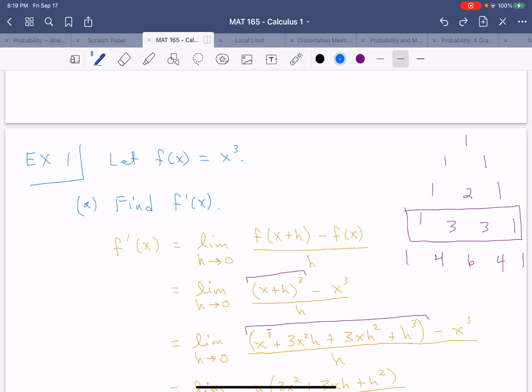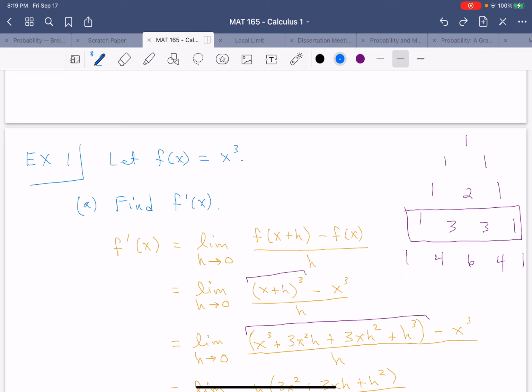So again, from left to right, we have x to the third, x to the second, x to the first, x to the 0. And from right to left, h to the third, h to the second, h to the first, and then h to the 0 would be this term here, where h to the 0 is just 1. So that's the pattern that we need to get the terms.